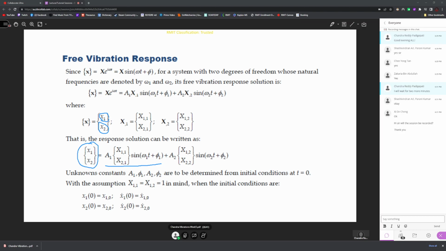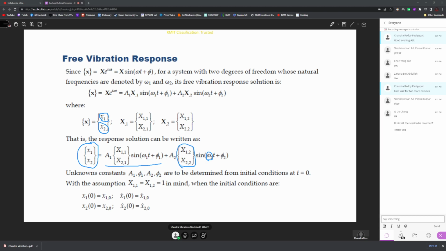Omega 1 is the first natural frequency, and phi 1 is the phase. Plus A2, another constant, then the mode shape, which we know already, and omega 2 also we know. So we take the harmonic function A2 times sine of omega 2 t plus phi 2. This form is the same as for single degree freedom, but now we are writing it in matrix format.